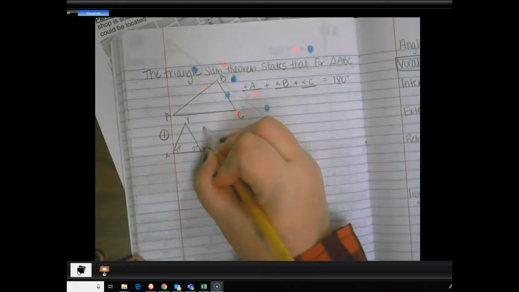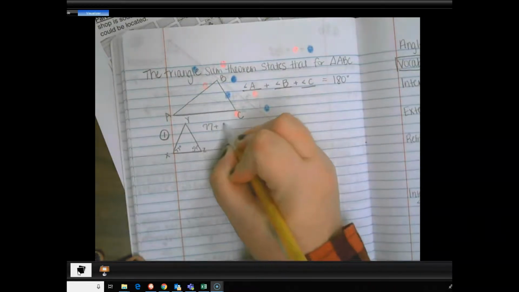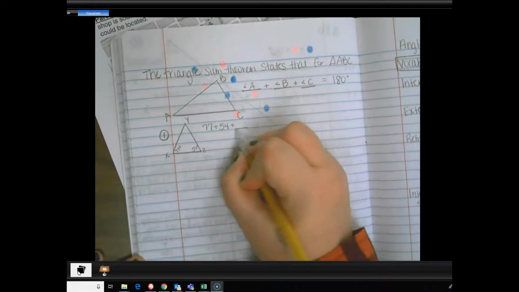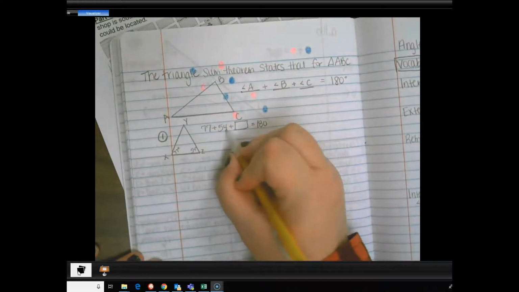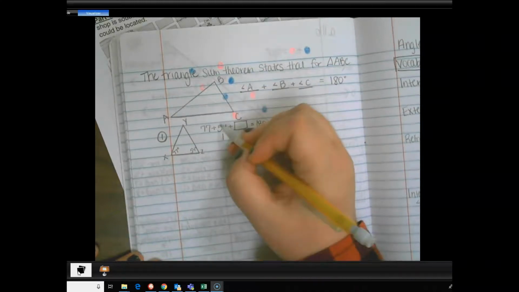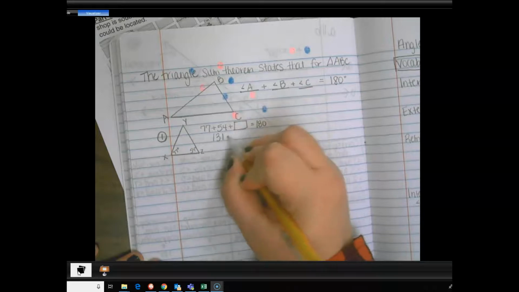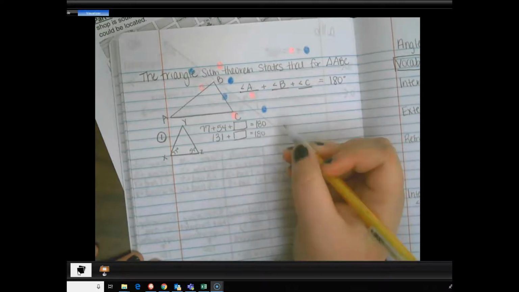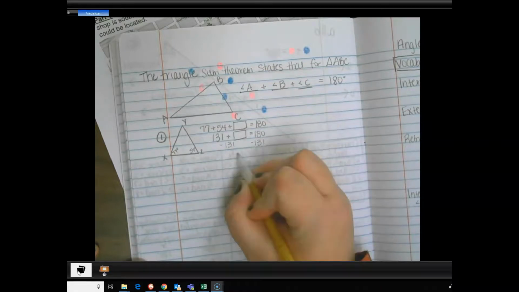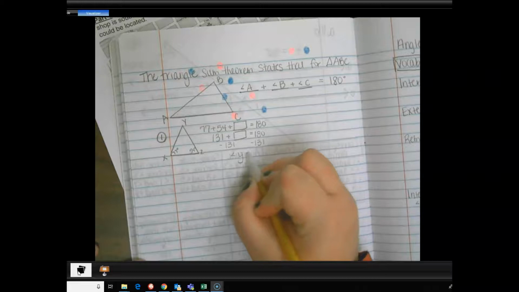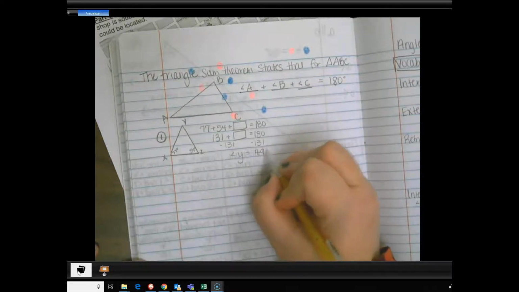Well, if I go back to that theorem, I know that 77 plus 54 plus something, so I'm just going to put a box there, is going to equal 180. So I can do 77 plus 54. 7 plus 4 is 11. Carry the 1. 8 plus 5 is 13. 131 plus something equals 180. Remember back to earlier in the year, we subtract 131 from both sides. And that's going to tell me that angle Y is equal to 49 degrees.